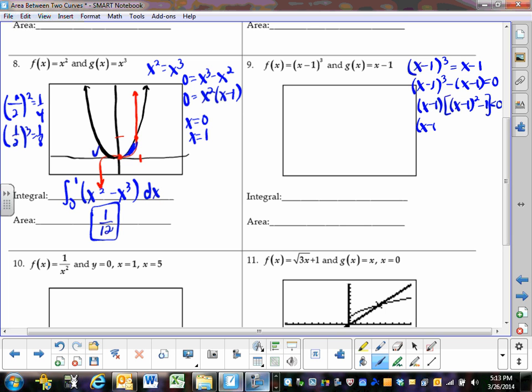So I have x minus 1, x squared minus 2x, and then the minus 1 plus 1 here and the minus 1 cancel. So I actually have x minus 1 and a GCF of x, and then an x minus 2 left over. So x equals 0, x equals 1, x equals 2.